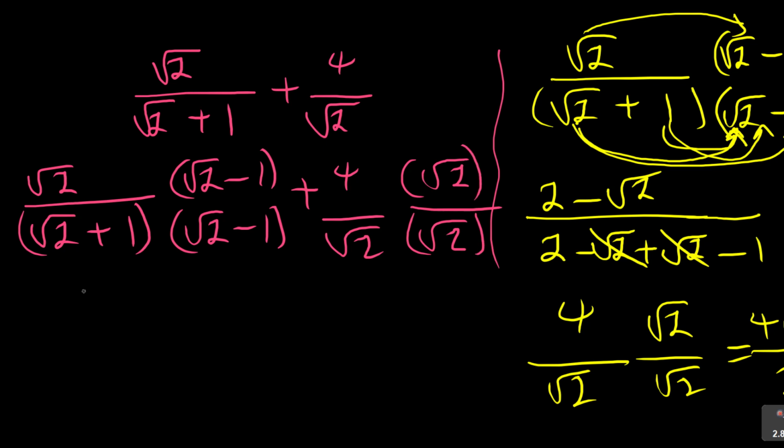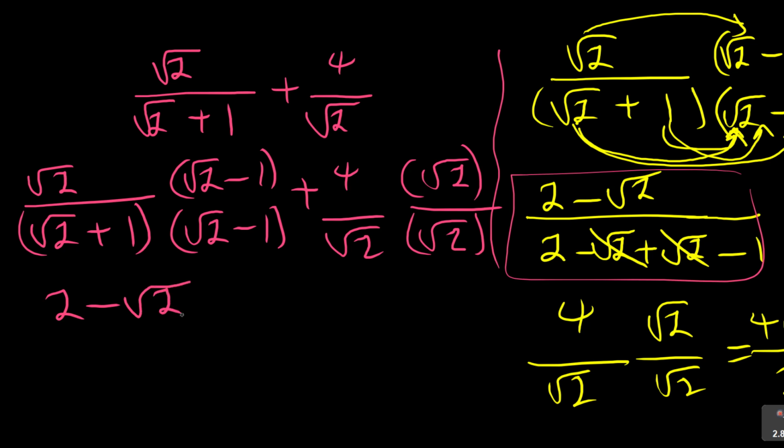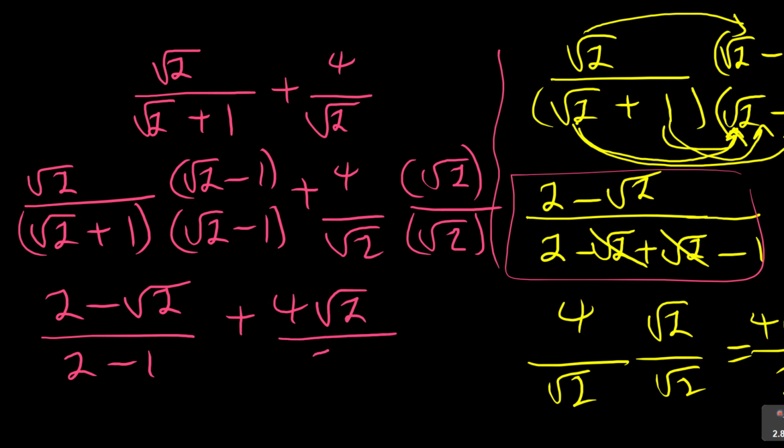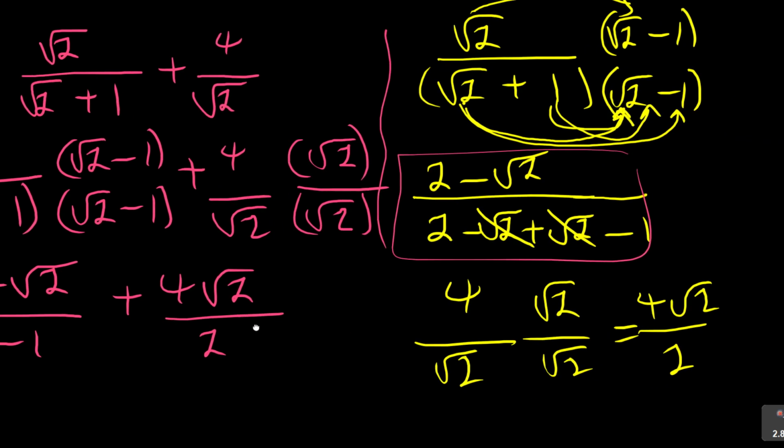Remember, on top there, that's what we had. So that times that, it's 2 minus square root of 2 over, when you multiply that, it will be 2 minus 1. Plus, and then this one we got 4 square root of 2 over 2. This is what we had at the end.